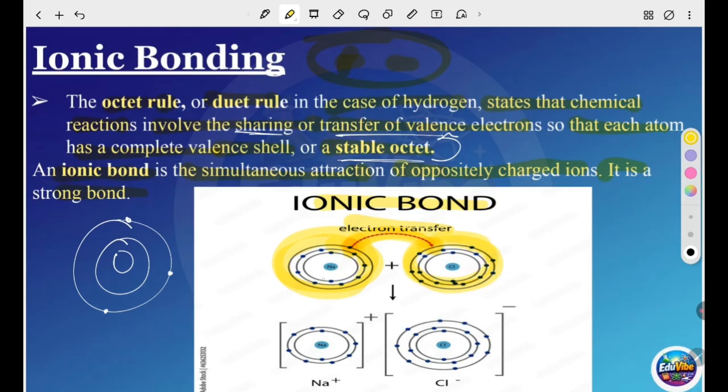Na gives the electron to Cl, so it becomes positive, and Cl gains the electron, so it is negative. This will be Na plus and Cl minus, which will later become NaCl. So that's how we do electron transfer, while sharing is another method. The electron transfer goes like this. We will discuss more in the next lesson.